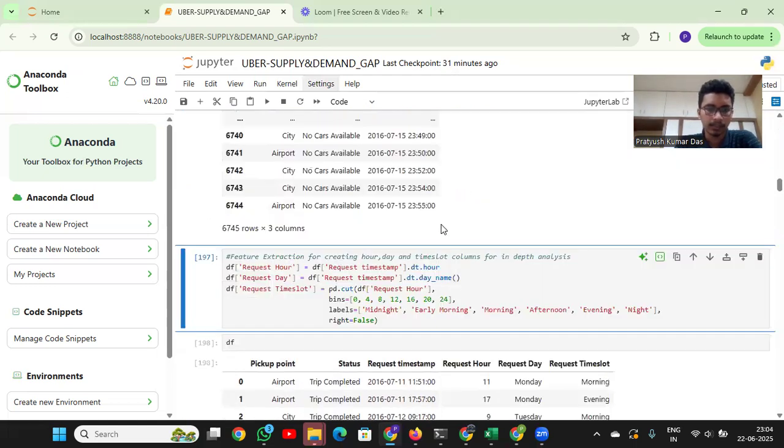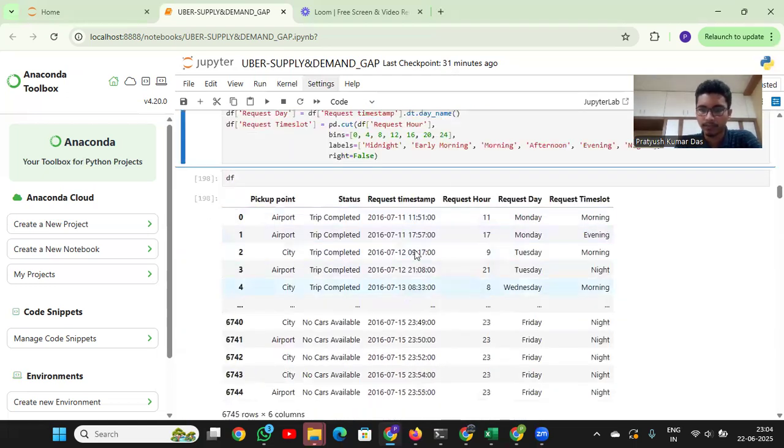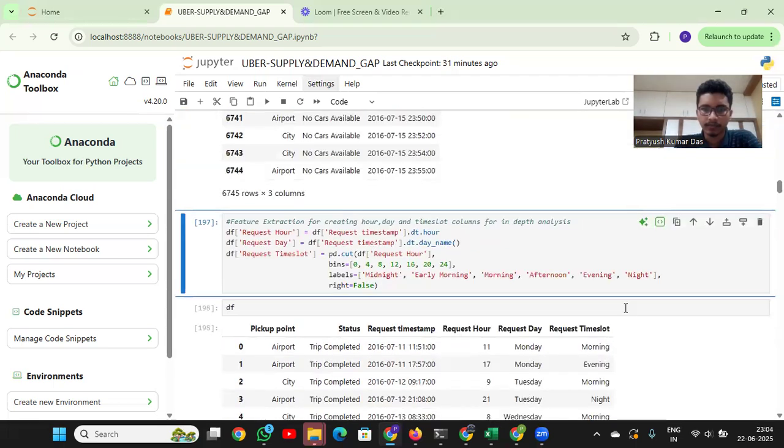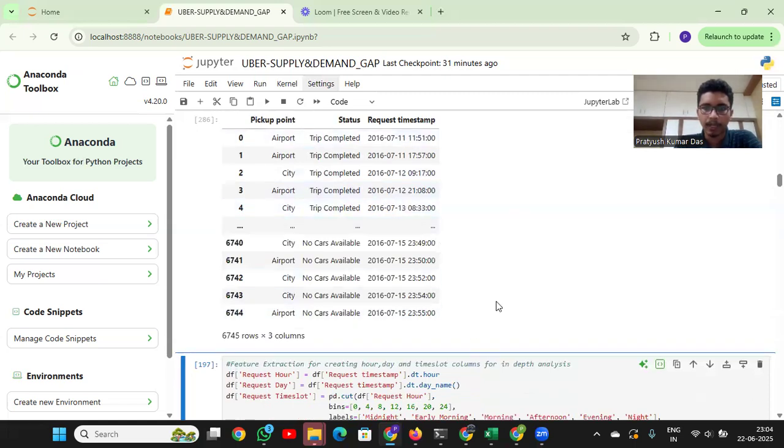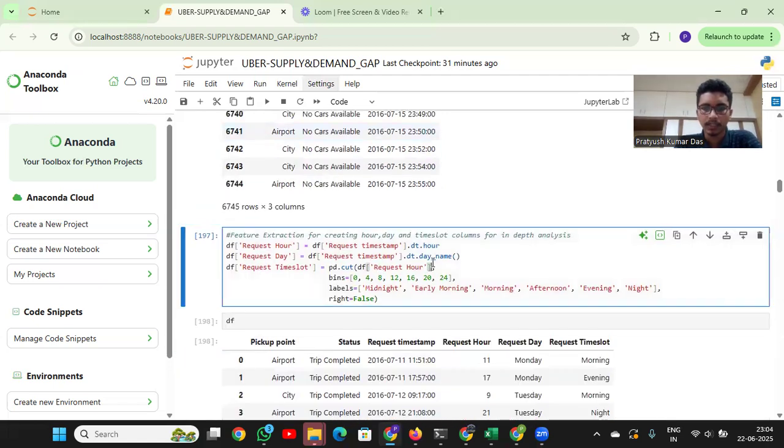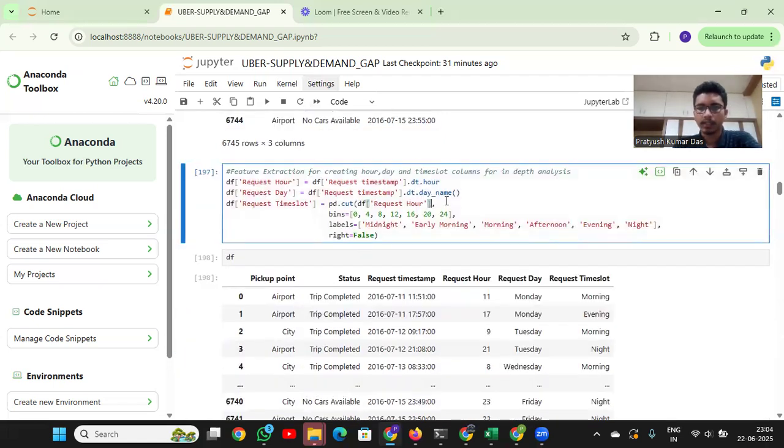After running this code cell, we have parsed the time alongside the date as the datetime object, and after that we created three more columns: the hours, the day, and the time slot. This time slot has been determined through bins. We created the bins in the multiples of 4, like 0, 4, 8, 12, 16, 20, and 24, up to 23. So we have 0 to 23, where 0 to 4 represents midnight, and so on.